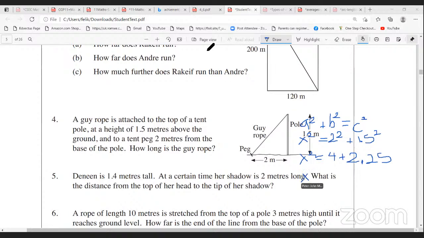x squared equals 6.25. Now square root it. Alright, this answer is going to be a bit weird, but x equals 1.5.